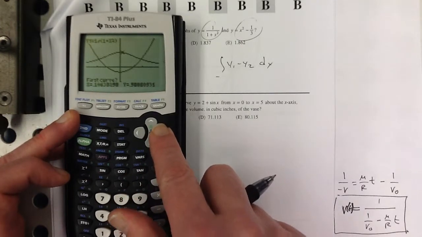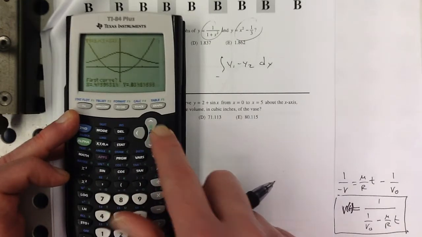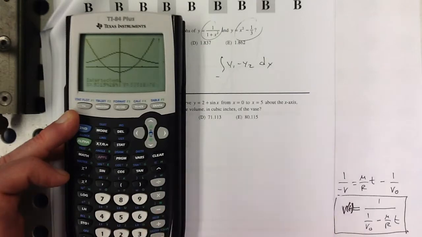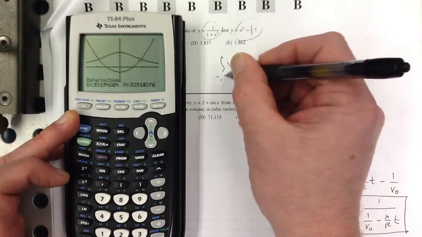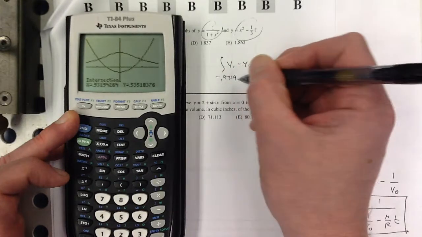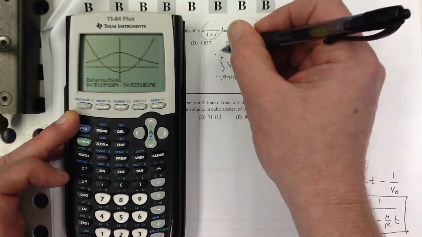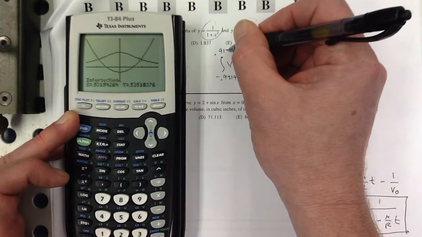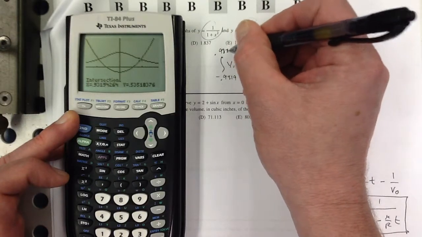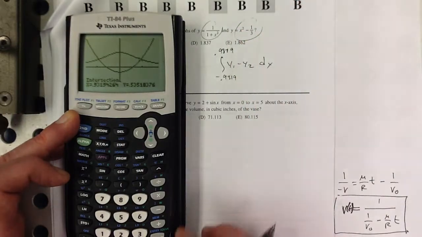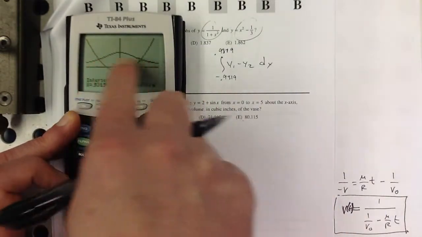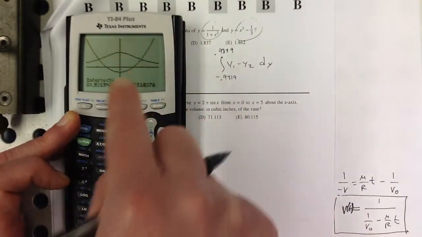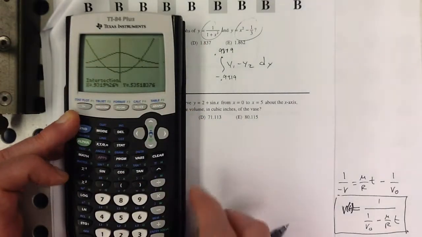Intersect. Close enough, should be. So the intersection is at negative 0.9319. I'm going to keep 4 decimal places. You could find that one over there. If you weren't sure that this was symmetric, I am. If you weren't, you could just find that other intersection to make sure.